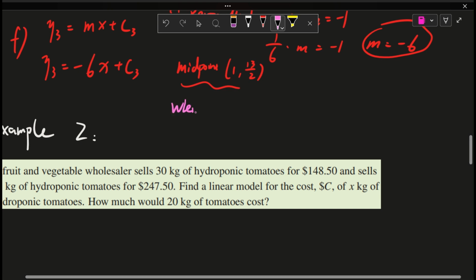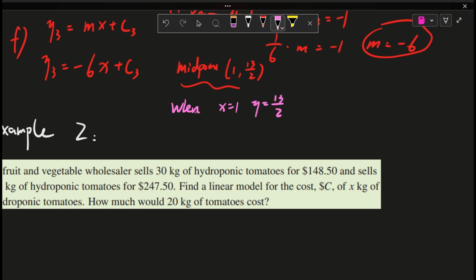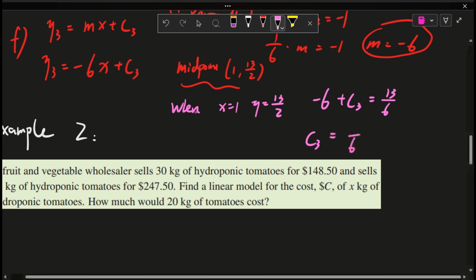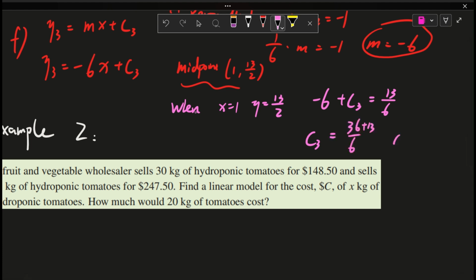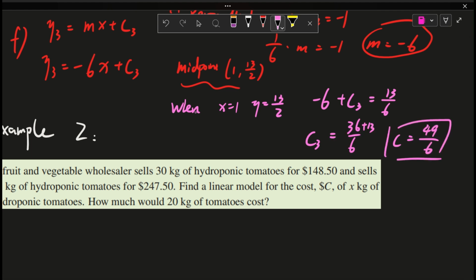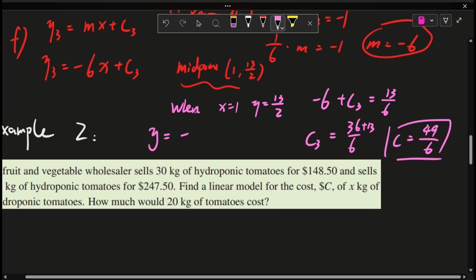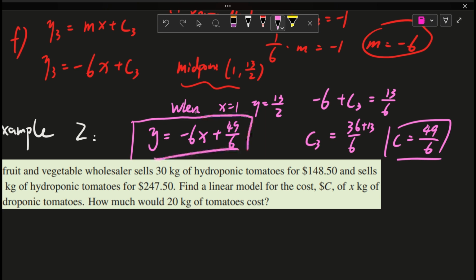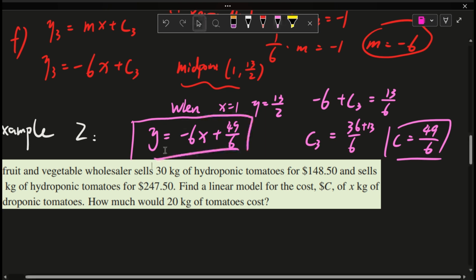When x equals 1, y equals 13 over 2. So that means negative 6 plus c3 equals 13 over 2. What do you think c3 equals? That means 36 plus 13, so c equals 49 over 6. Once you know that, we get y equals negative 6x plus 49 over 6. So that is your final equation of the perpendicular line.